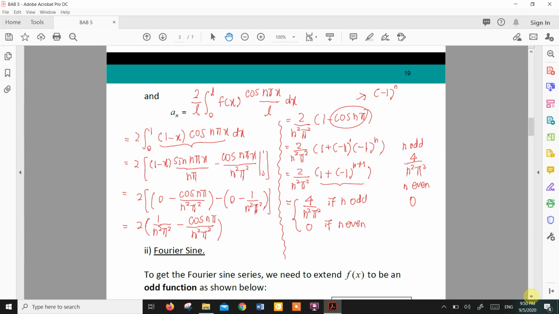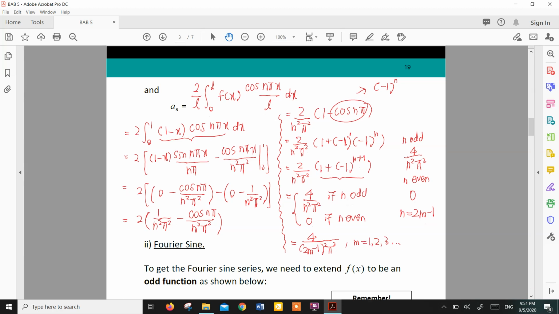Since n is odd, n is equal to 2m minus 1. So you can simplify, it is equal to 4 over (2m minus 1) squared pi squared, where m is from 1 until infinity. Okay, this is for an.